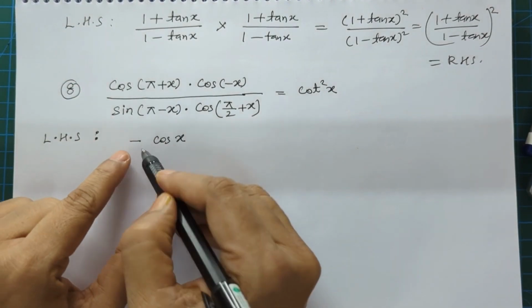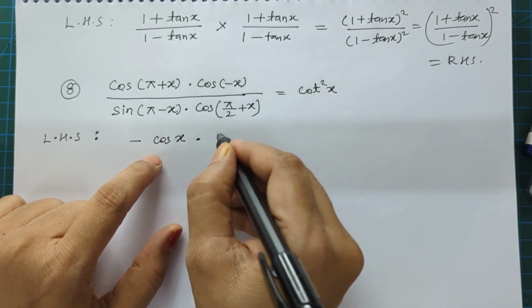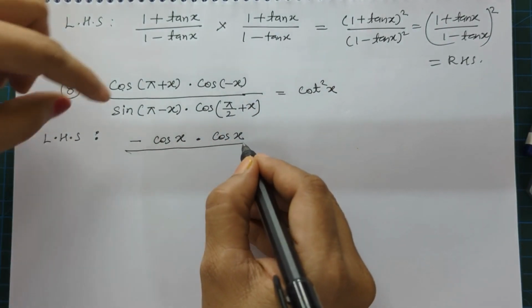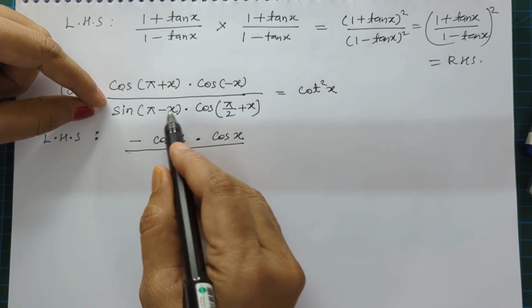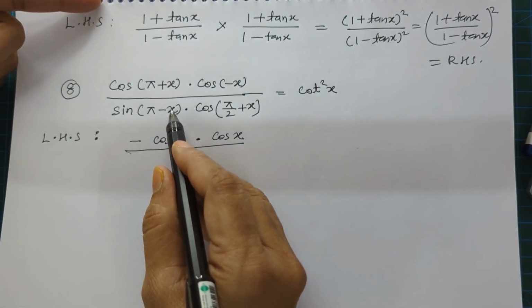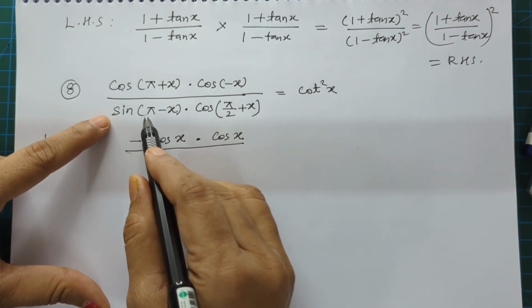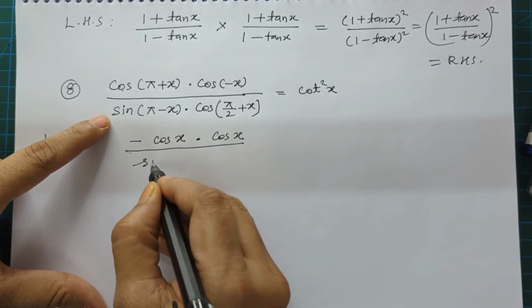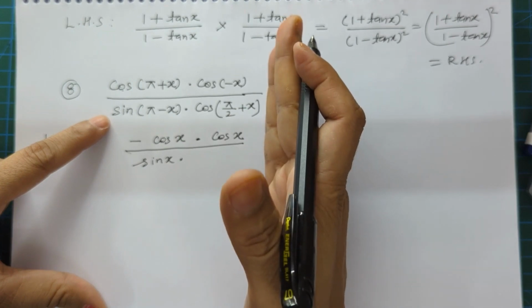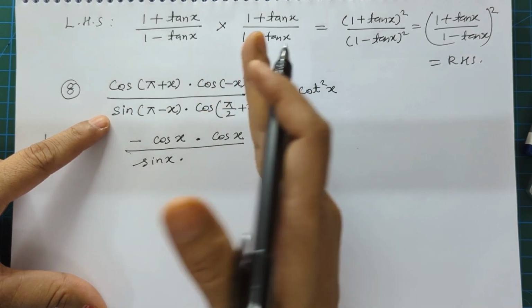Cos of pi plus x is negative of cos x, times cos of a negative angle is cos of that angle because it is an even function, divided by sin of pi minus x. This angle is in the second quadrant, and in the second quadrant sine is positive, so there is no change, sine remains sin x, times cos of pi by 2 plus x. Pi by 2 is the y axis. With respect to the y axis, or odd multiples of pi by 2, the t ratio changes.